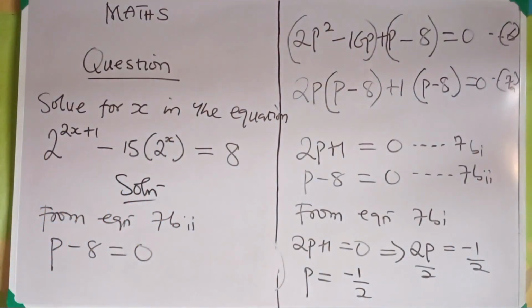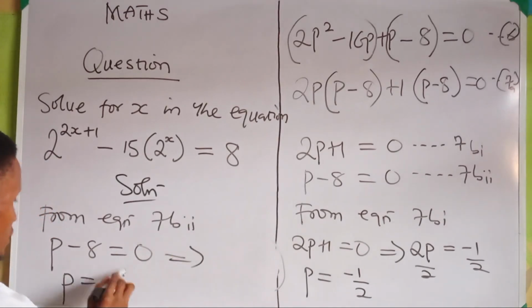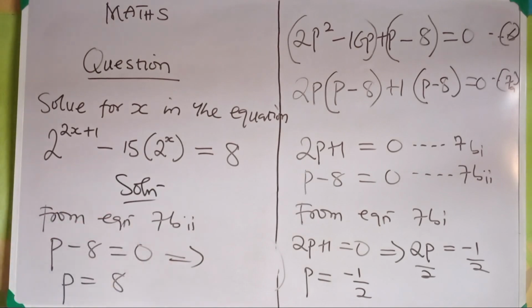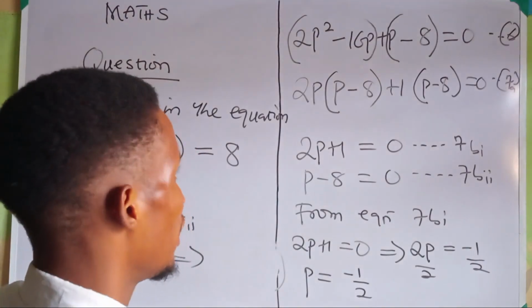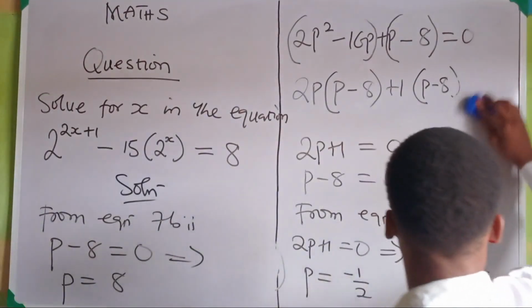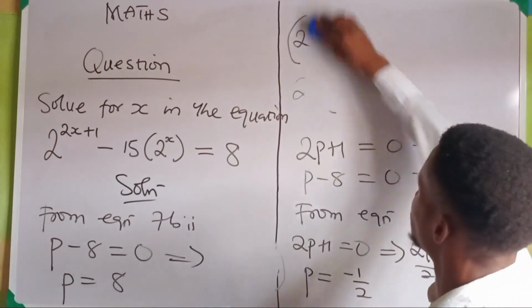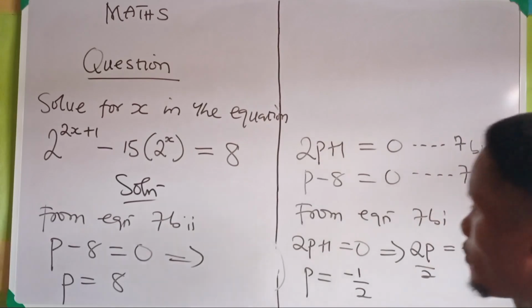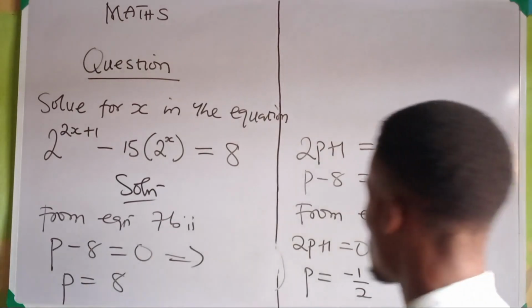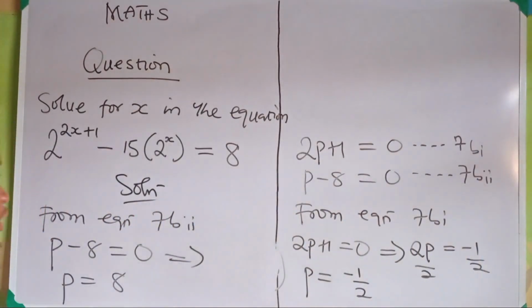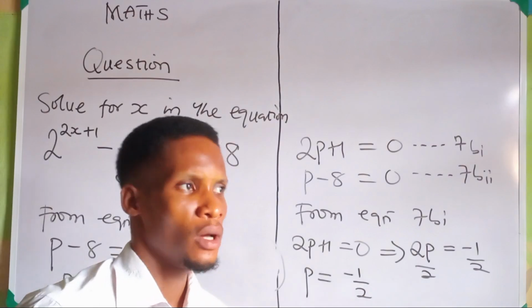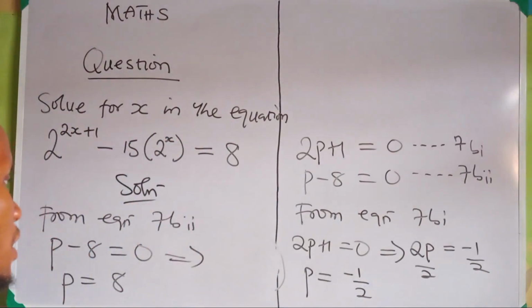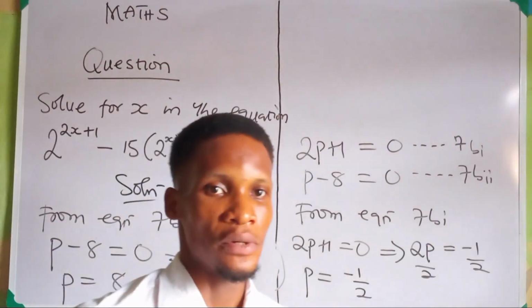So this now implies that p is equal to what? 8, because if it crosses the sign of equality, it becomes positive, which is 0 plus 8 being 8. If we have reached these points, we have known the values of p to be 8 and minus half, 1 over 2. But this is not what they expect us to get.